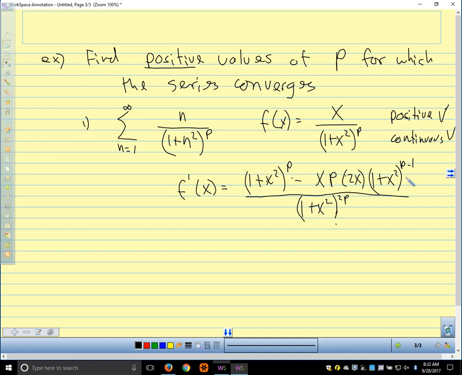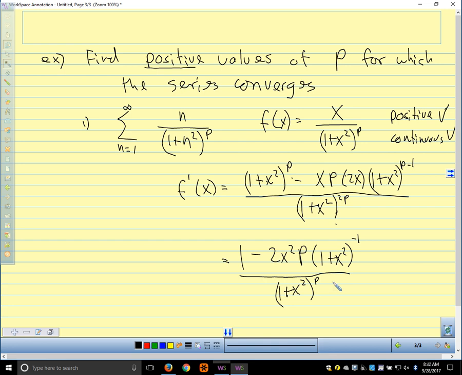So this cancels. I get 1 minus 2x squared p times (1 plus x squared) to the minus 1, over 1 plus x squared to the p.